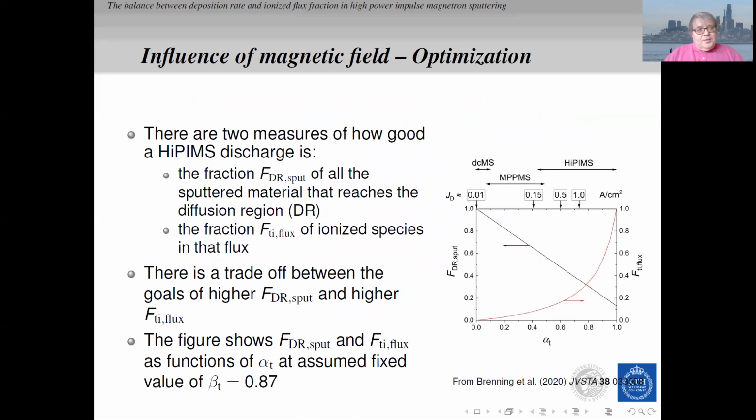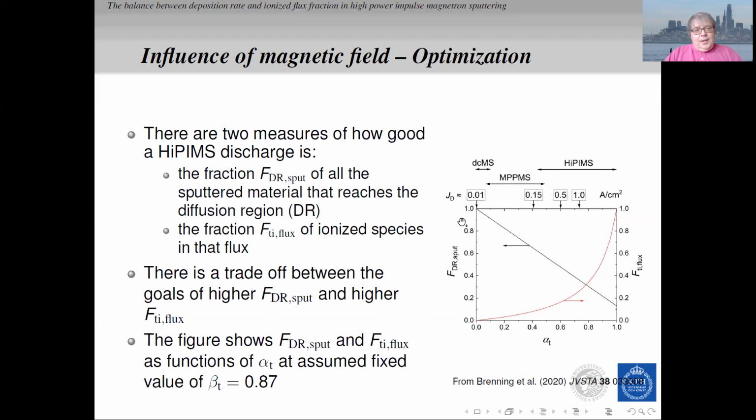There are two ways of measuring how good a HIPIMS discharge is. And it is basically the deposition rate, which is the fraction of the sputtered species that reaches the diffusion region or reaches the substrate, and the fraction of ionized species in that flux.